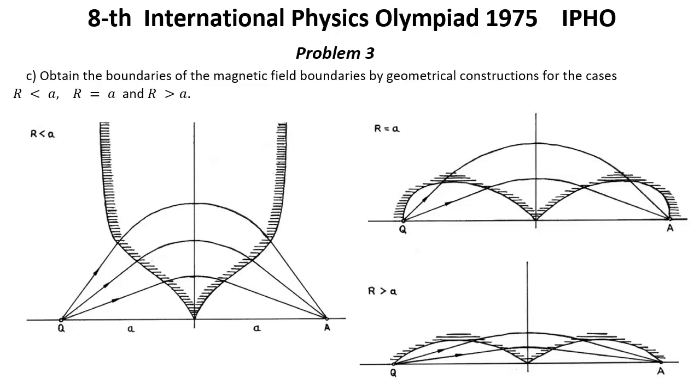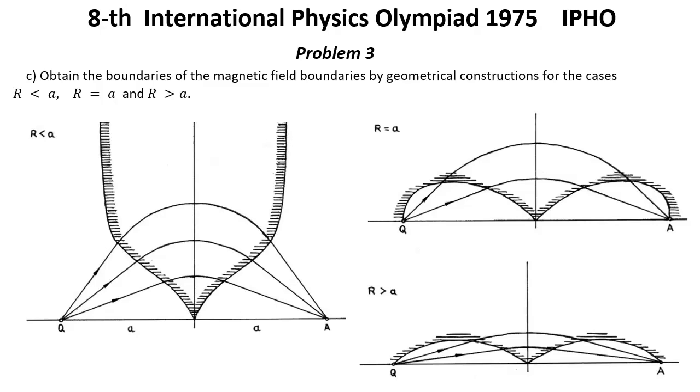The construction method of the boundaries of the magnetic fields is based on the considerations in part B. Draw circles of radius R and different centers of curvature on the middle perpendicular of QA. Sketch tangents on the circle which go through either point Q or point A. The points of tangency make up the boundaries of the magnetic field.